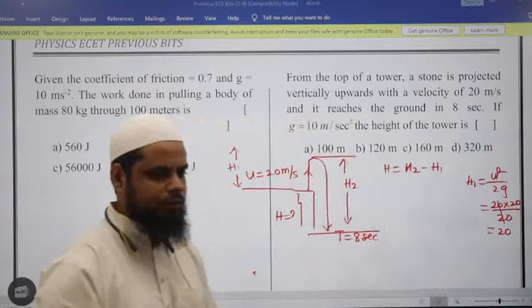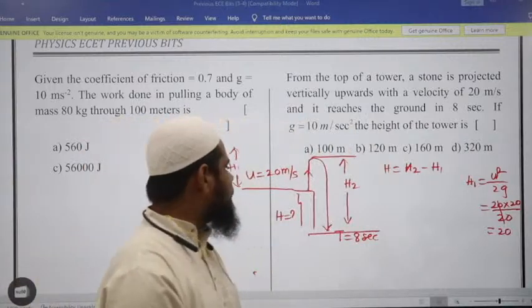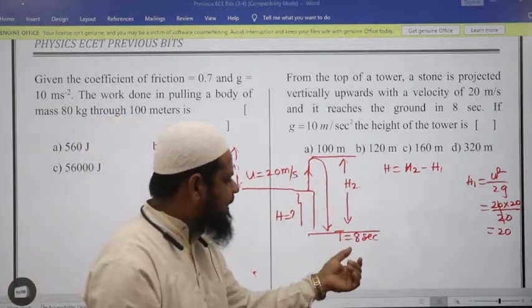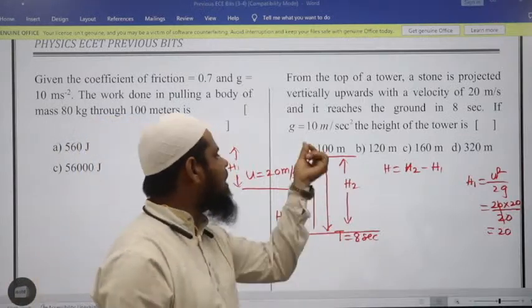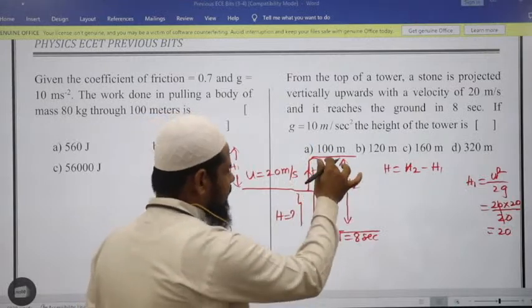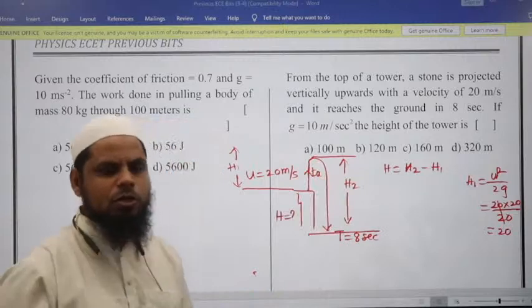Now how about h2? The total time is 8 seconds. What is the time of ascent, Ta? Then we will have the time of descent.